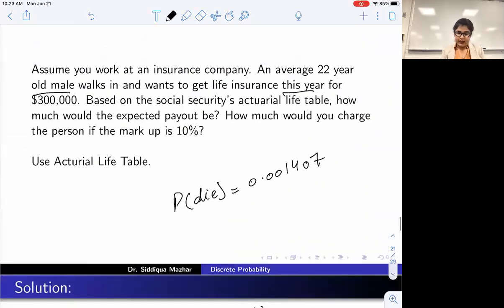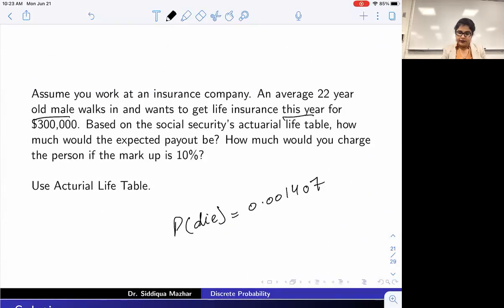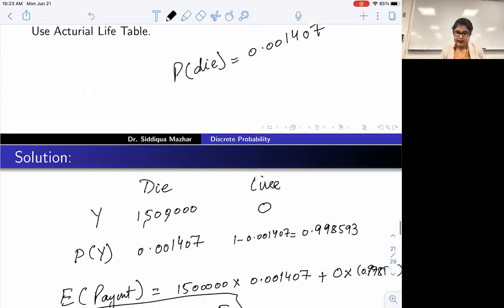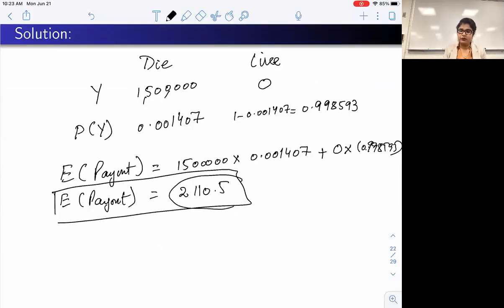The person is going to pay if the markup is 10% on the payout. So it means 10% of this amount he has to pay. So if you have to find the 10%, in English you write 10% of 2110.5.